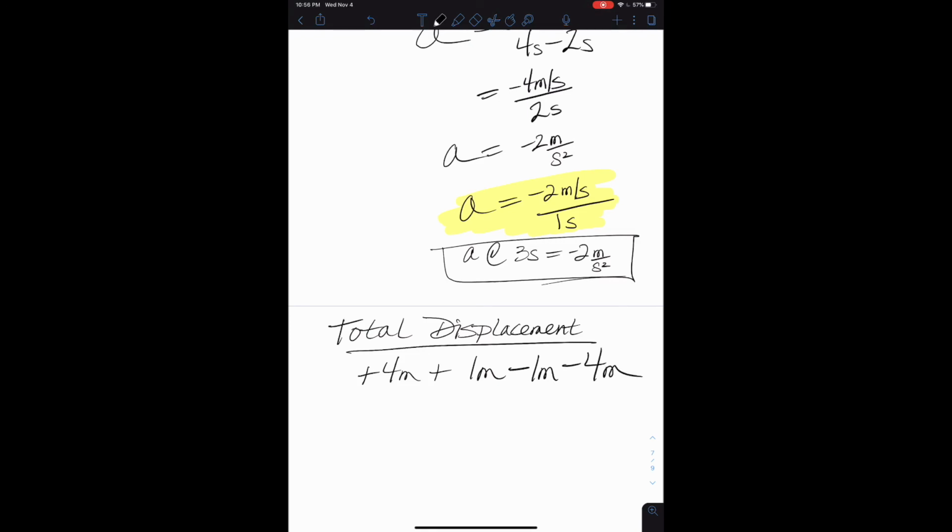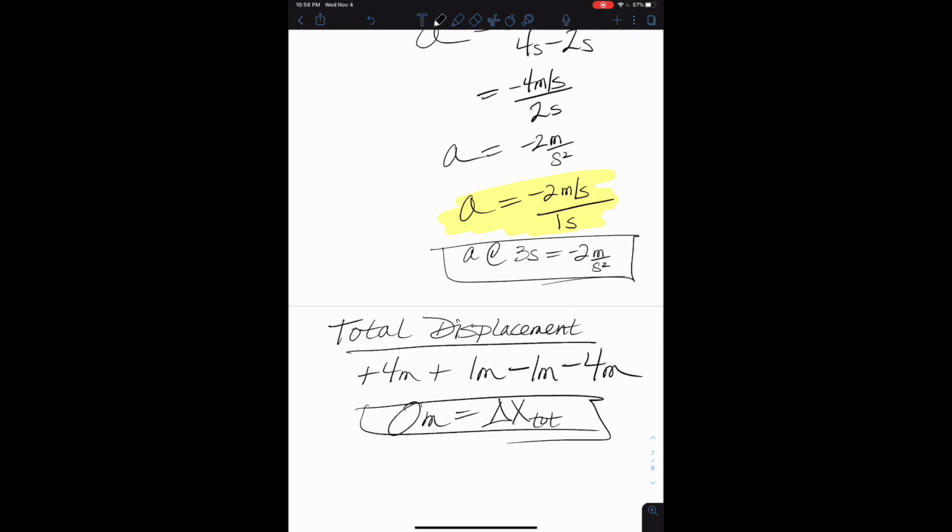So we just add up all 4 of those displacements. You could have said positive 4 meters plus 1 meter plus negative 1 meter plus negative 4 meters. It's the same thing. All right, so the 4's cancel, the 1's cancel, and we're left with 0 meters equals delta x total. So this is the total displacement.